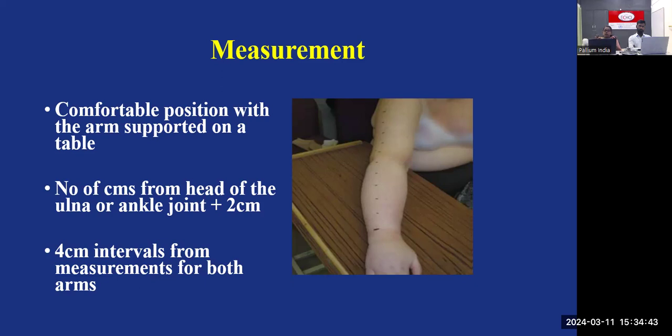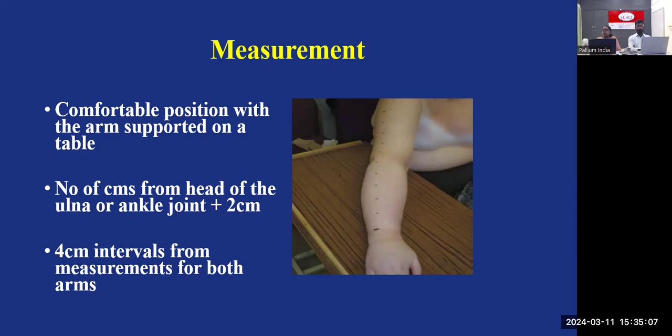Clear? For the upper limb, the head of ulna plus 2 centimeter, then every 4 centimeter. From the head of ulna plus 2 centimeter, you have to mark first, and then from that point every 4 centimeter you mark, and then you take the circumference.